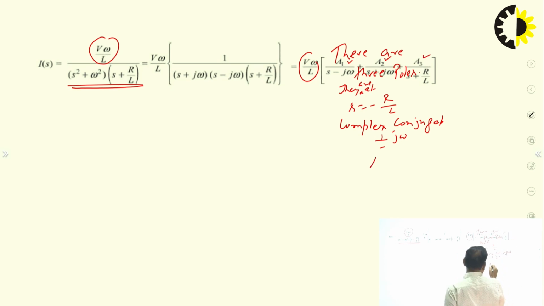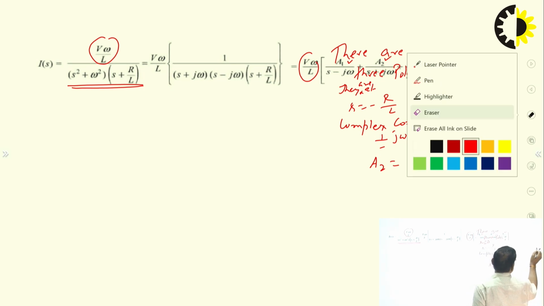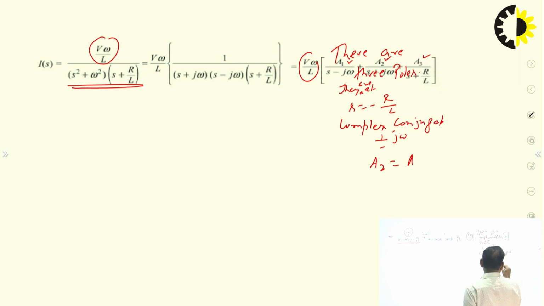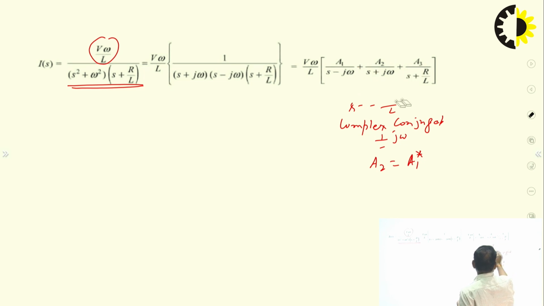A2 is the complex conjugate, so A2 is equal to A1 conjugate.